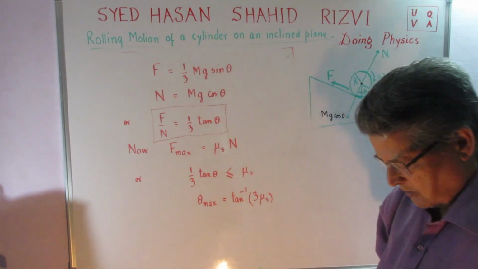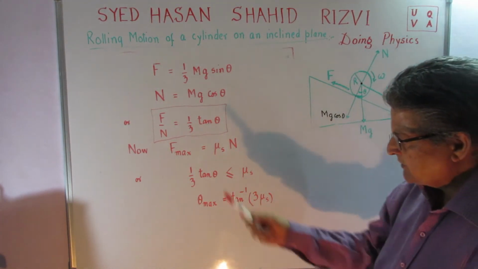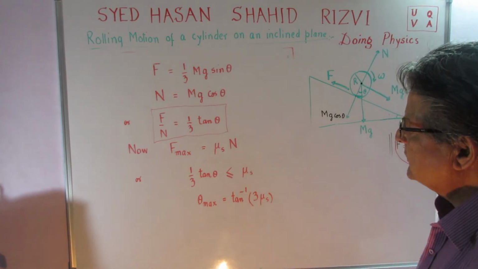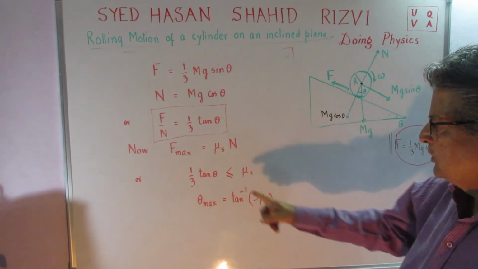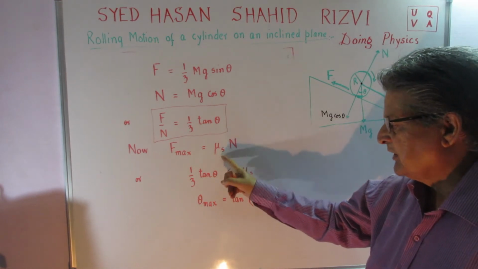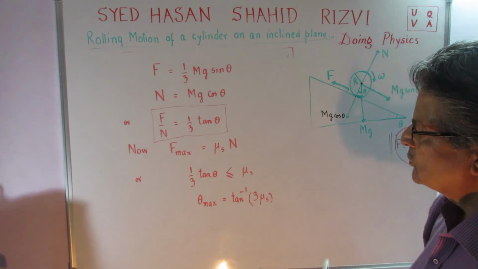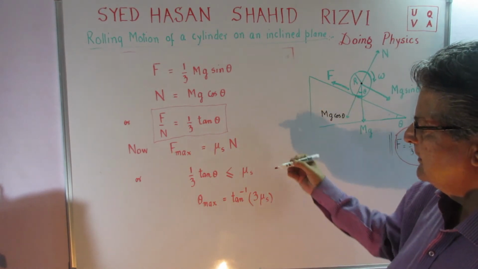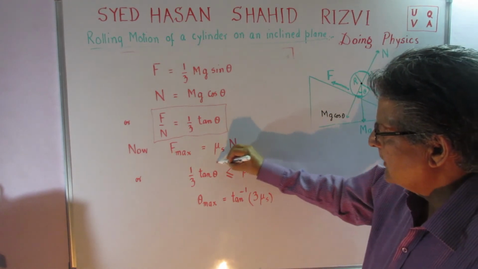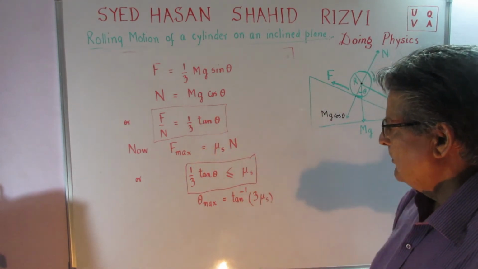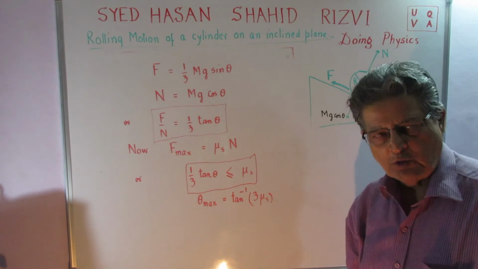Now the maximum force that is applied is equal to the coefficient of static friction multiplied by the normal force. So therefore we can write that this relation, 1 upon 3 tan theta, will be smaller than or equal to mu s.